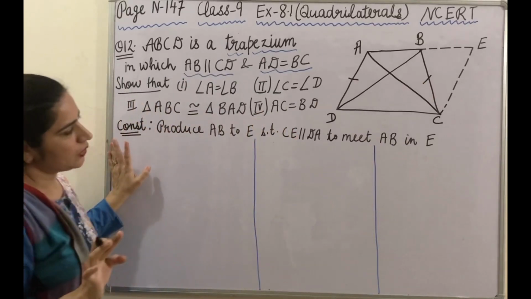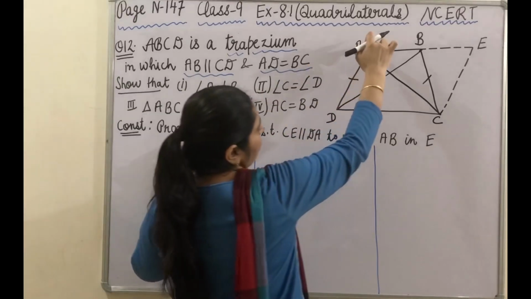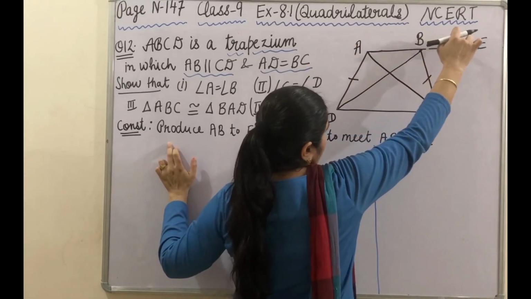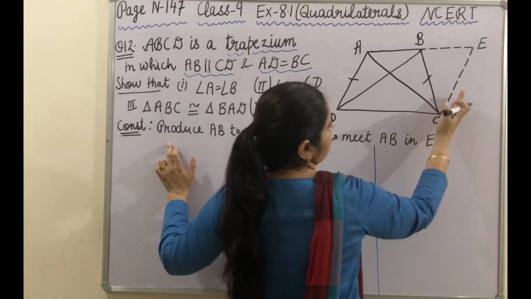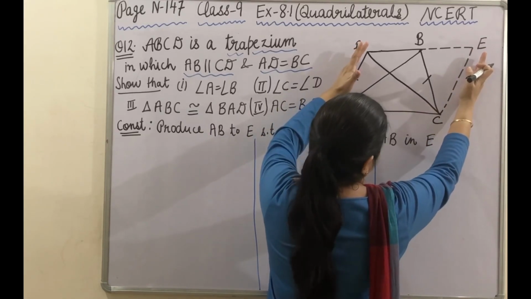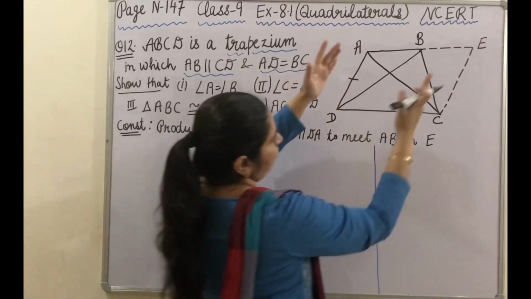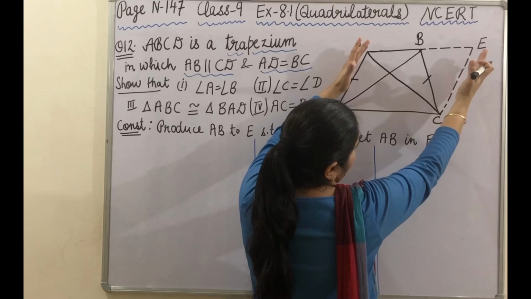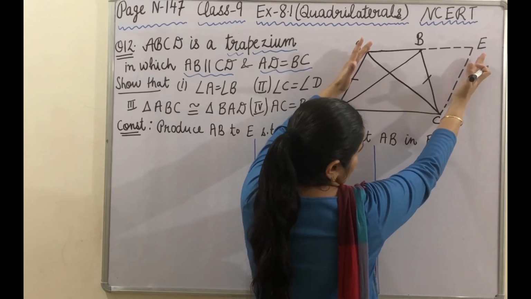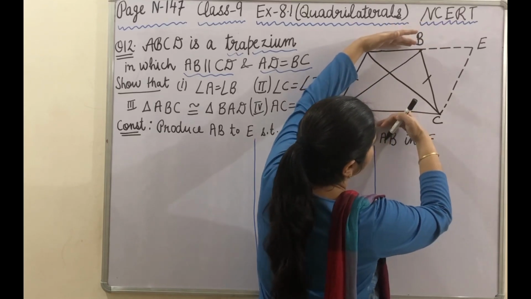Here one construction is required, so you have to mention the construction. We will produce this line AB to E such that CE is parallel to AD. Both the lines are parallel. Now, we can see these two lines we have taken parallel due to construction, and these two lines are already parallel because it was a trapezium.